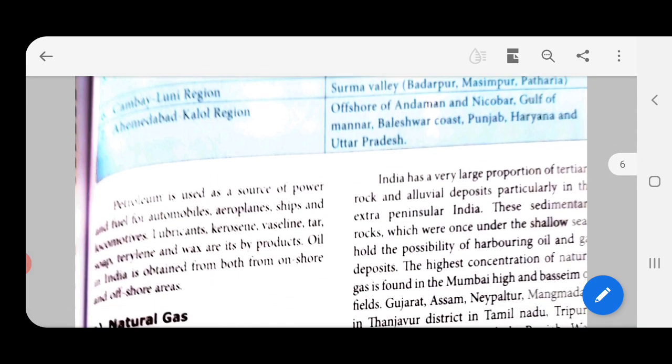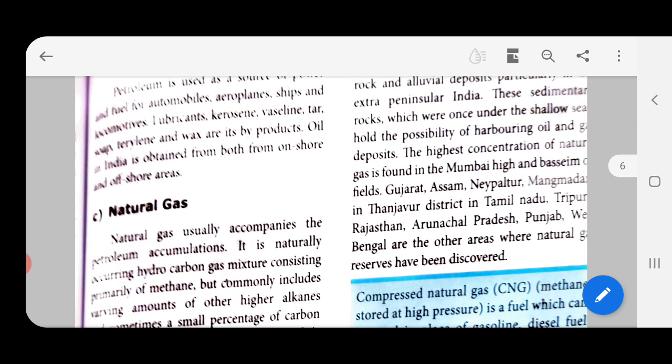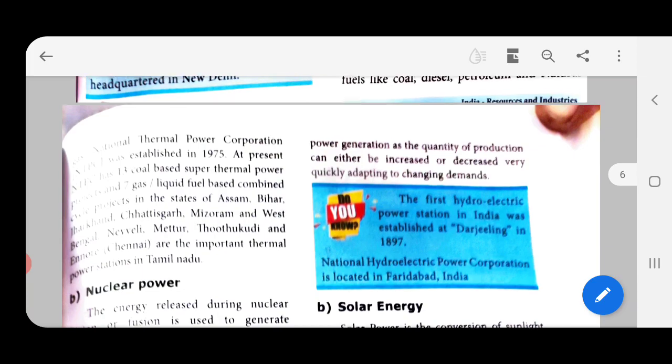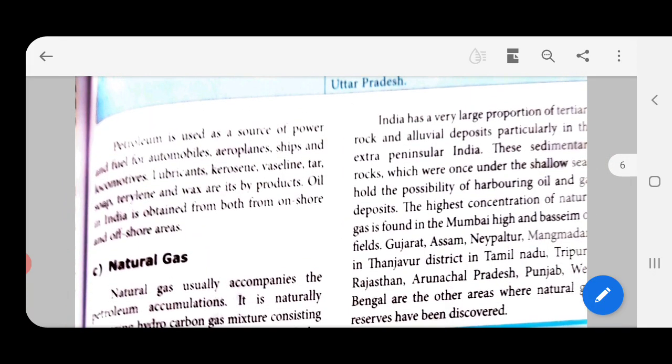India has a very large portion of tertiary rock and alluvial deposits, particularly in extra-peninsular India. These sedimentary rocks, which were once under the shallow sea, hold the possibility of harboring oil and gas deposits.